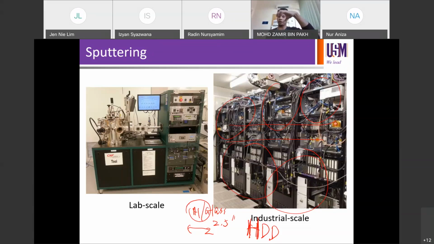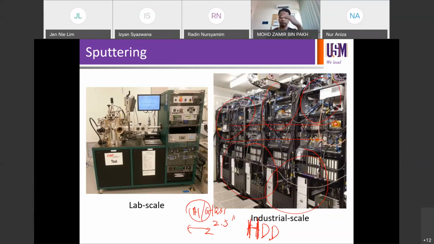If you take the glass disk, for example, under FESEM and do a cross section from the side, you will see 20 different layers on the disk in order to enable storage of data. That's why today we have 1 terabyte, 2 terabyte, and so on.